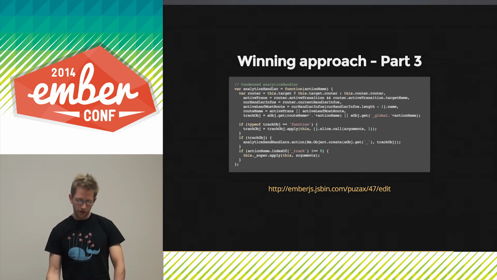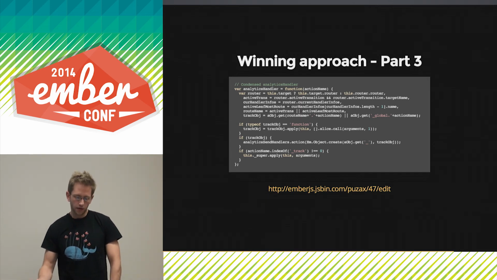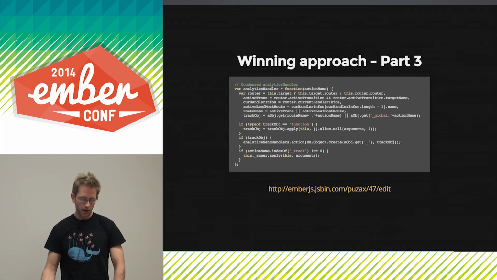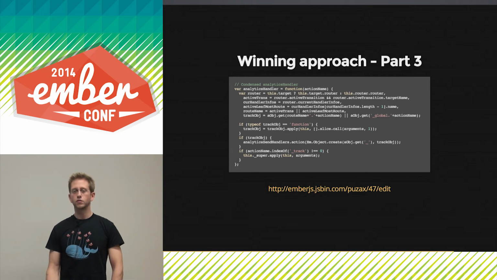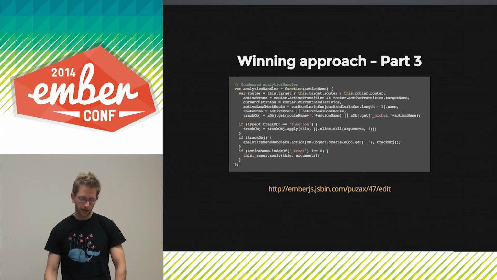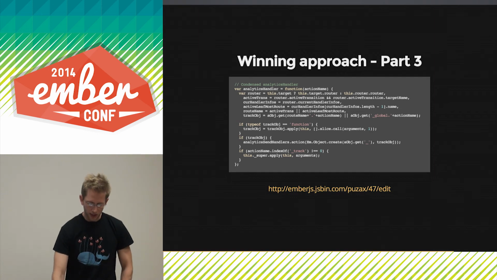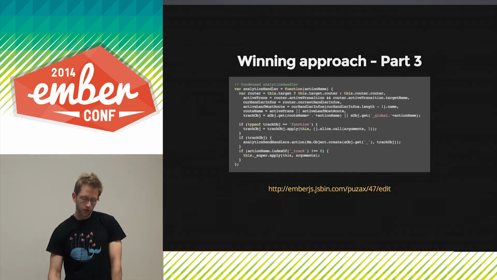That's the first thing we want to check. If you're not transitioning, we want to get your leaf most route, the most nested route that you're on currently. If neither of those resolve, we want to see if whatever action you're passing is in the global handler from the analytics handler that we talked about before. And if nothing resolves, like I said, we're not going to track it. So that's getting our hook to what we're looking to send.